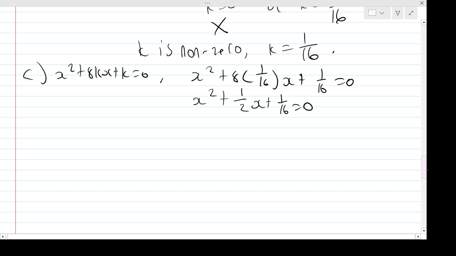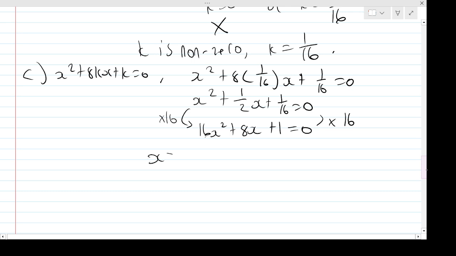I don't like fractions, so I'm going to times both sides by 16 to get rid of this fraction here. And because 16 over 2 will get me 8 here, that'll get rid of that fraction too. Anyway, so I'll get 16x squared plus 16 over 2, which should be 8x, plus 1 equals 0. So that's a lot nicer, but I don't like this coefficient, so I'm not going to solve by factorising. I'm going to just use the formula, right?